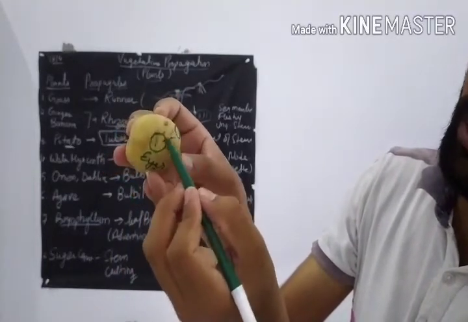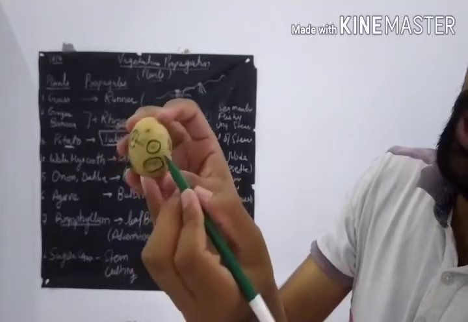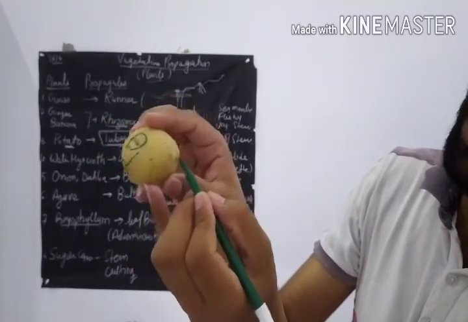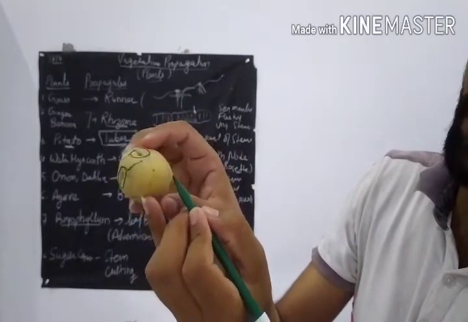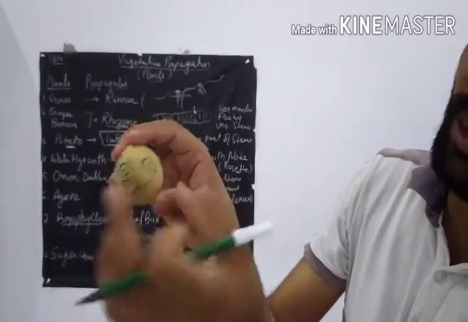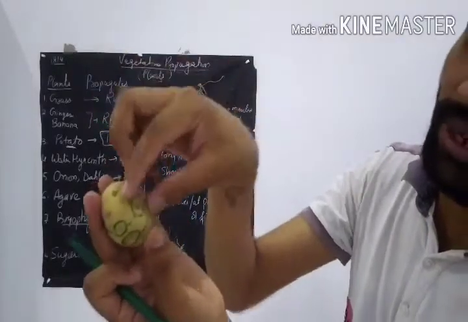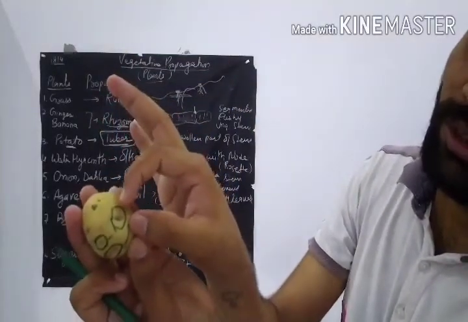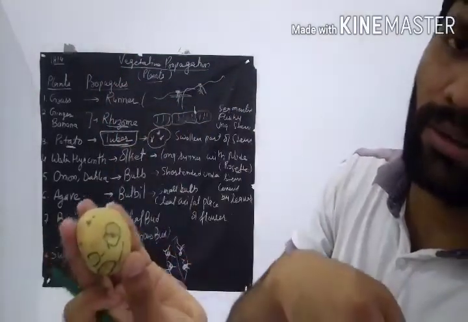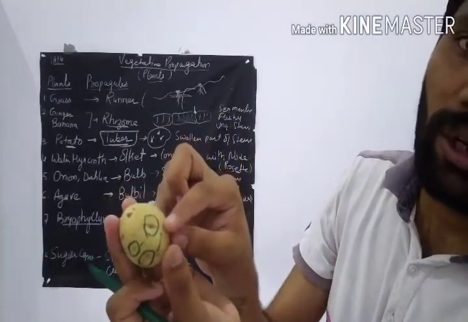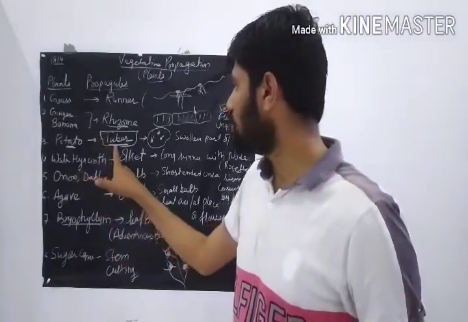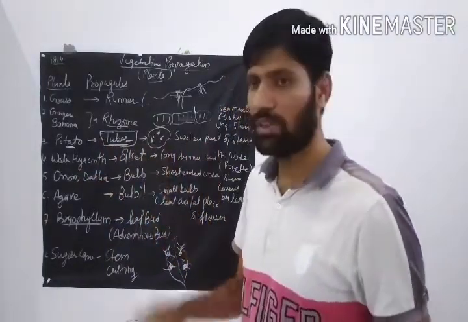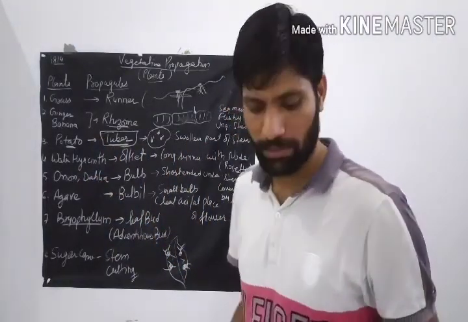The rest of the part in between two buds is the internode. There are many buds, or eyes, on the potato. If we cut this part from the potato and grow it in a favorable condition, then a new potato plant will grow from this side. So there is a tuber, this swollen part of the stem, for storage of food.